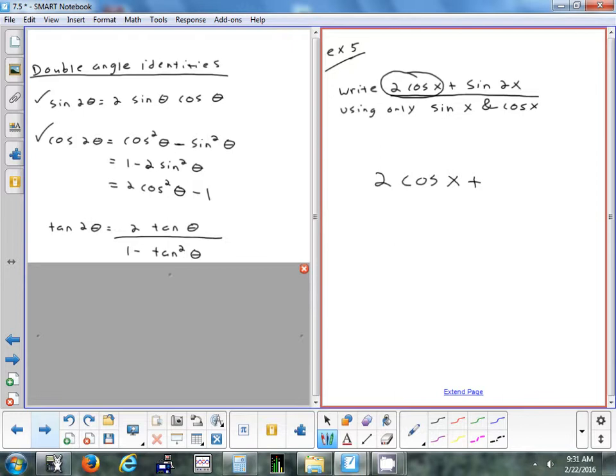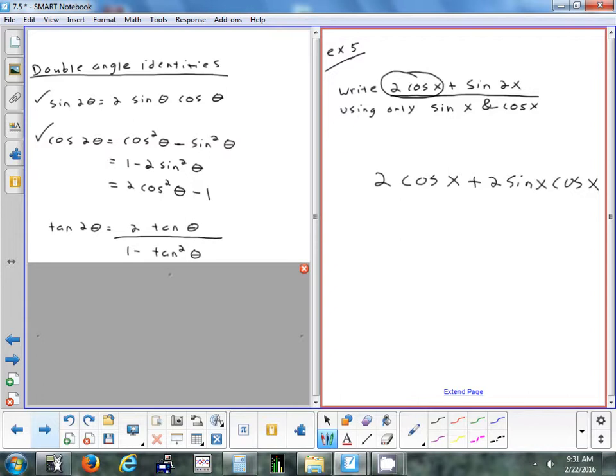How can I rewrite sine 2x, getting rid of that 2? That's part of it. 2 sine x. One more thing. Cosine x. So now we've done it.